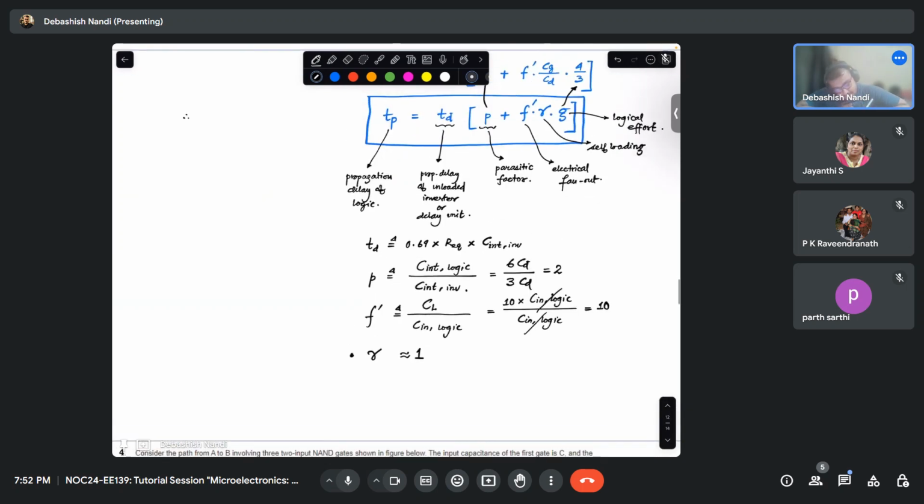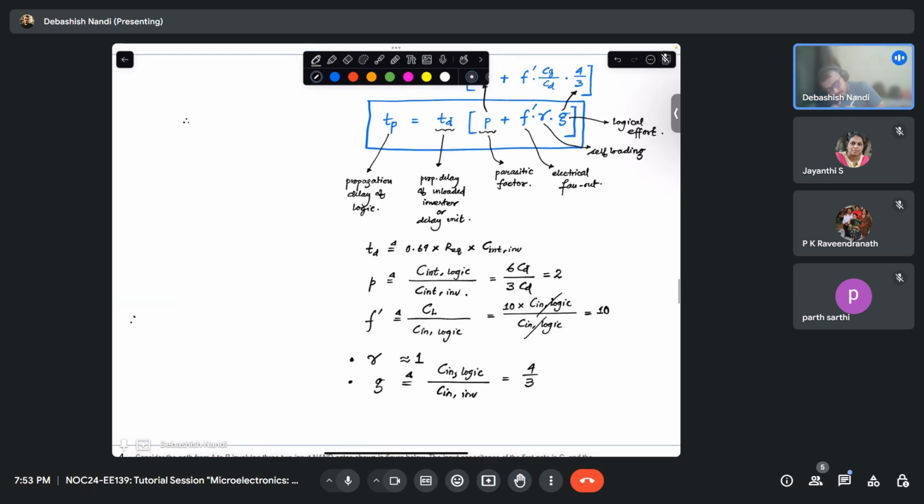And then what is your G? G is logical effort, right? So this is C in of logic divided by C in of inverter. So that is in our case 4 over 3. Now if you need to find out TP, simply plug in these values.